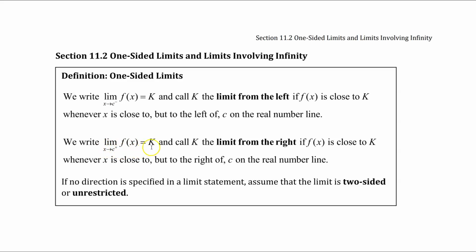We write this expression when we mean that f of x is close to k whenever x is close to but to the right of c on a real number line. Note that if you do not see a sign here, so there's no minus or plus in the limit statement, then we assume that the limit is a two-sided or unrestricted limit.